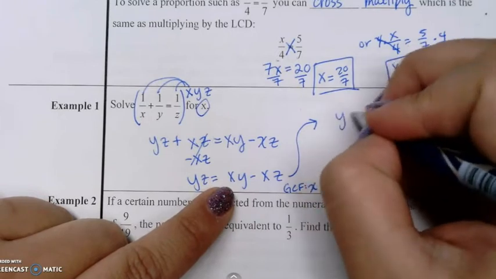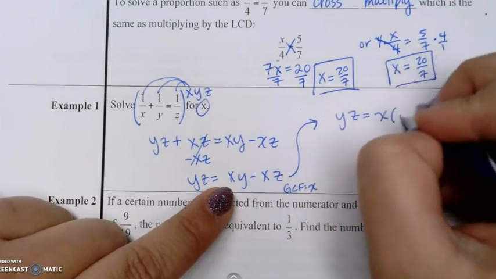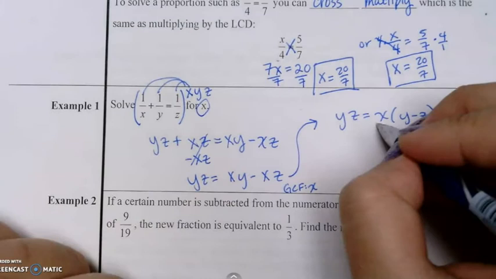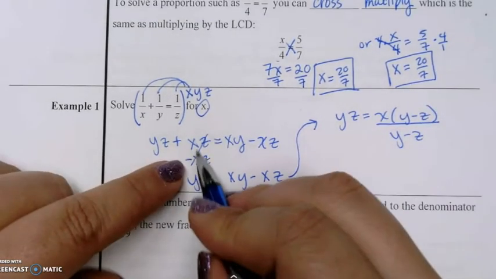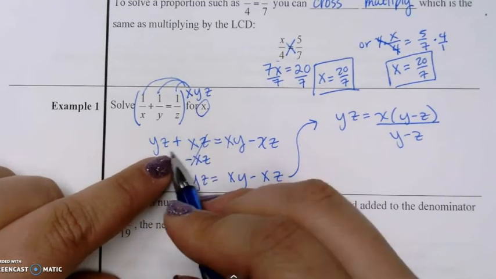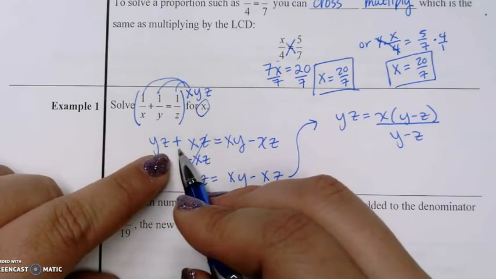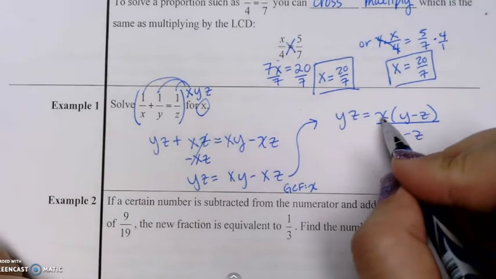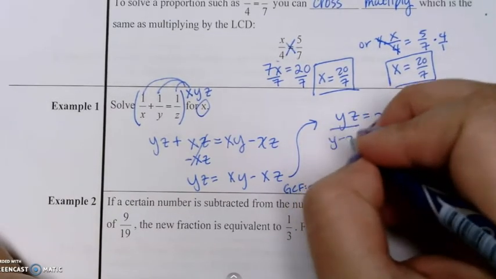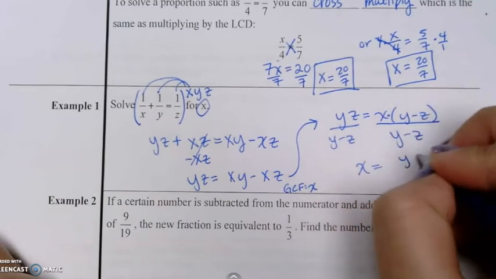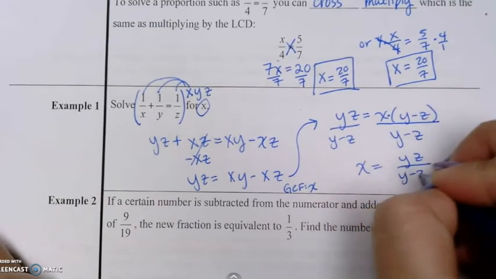So we write this as yz equals x times y minus z. And then we can divide by y minus z. Now here we subtracted because xz was attached to yz by addition. Here we divide because x is attached to y minus z by multiplication. So we get that x equals yz divided by y minus z.